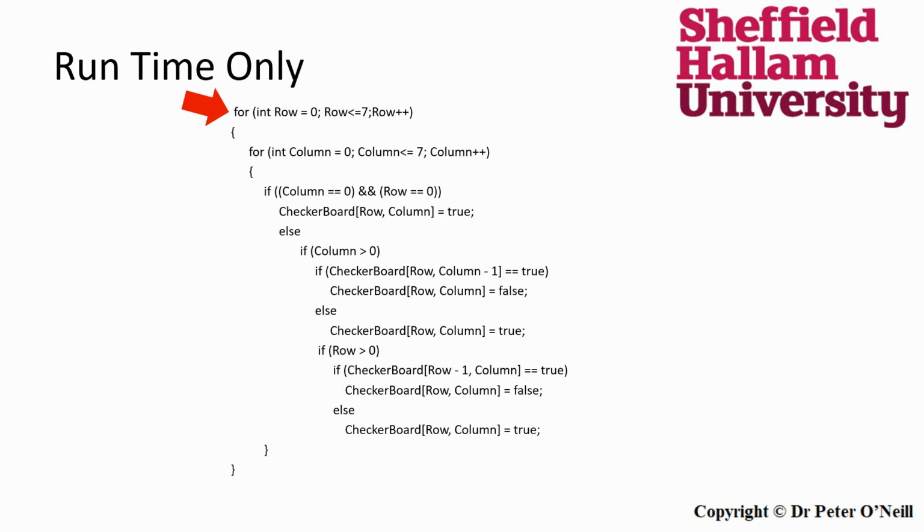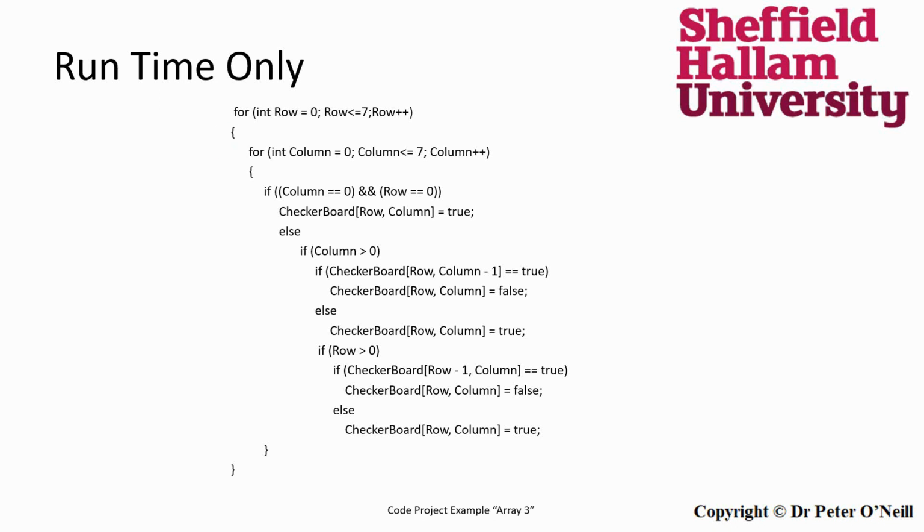And in each row, there's going to be 8 columns. And hence we get our board. So these two for loops create our two-dimensional array.